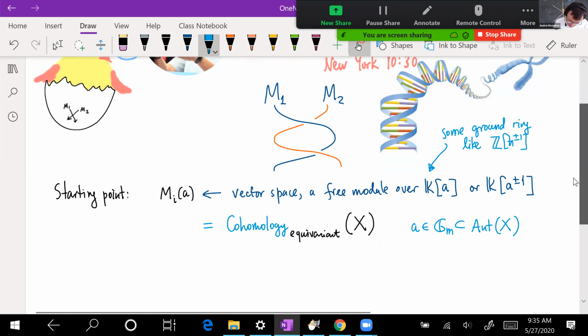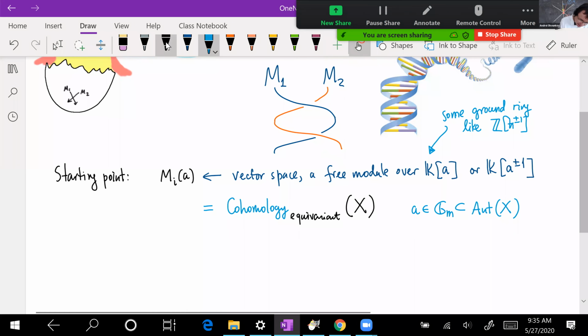And then this collection of vector spaces, we have a collection of matrix operators, which we denote by something like this. So maybe we'll draw a picture like that.